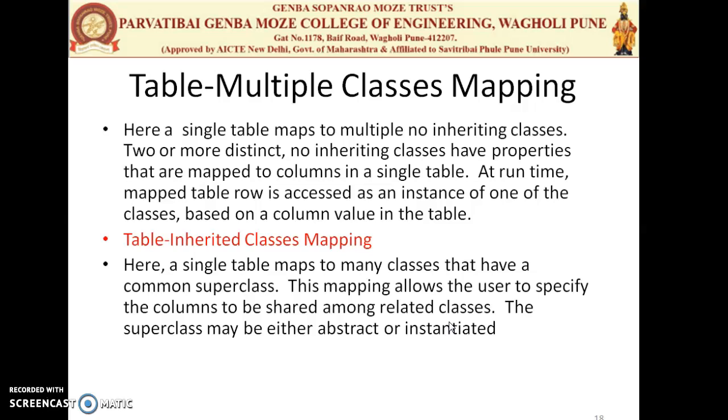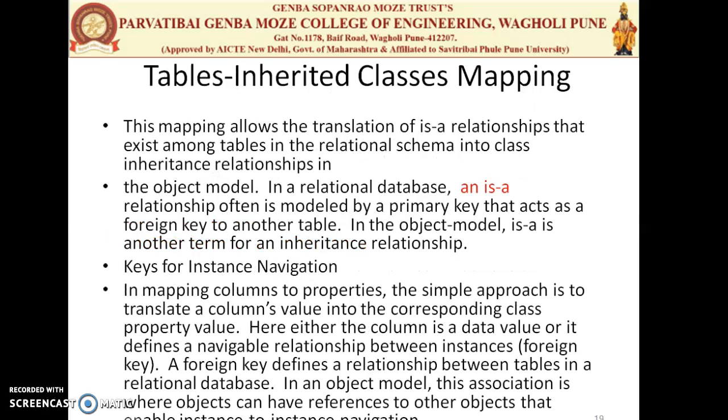That means you can share the properties of your parent with your different children, related in the form of inheritance. The superclass may be abstract or instantiated, which is not fixed. Abstract means it doesn't contain any definition or method functioning, or it may be instantiated.